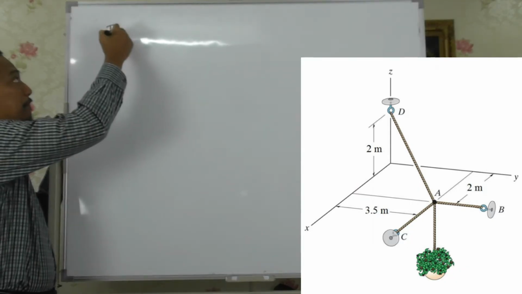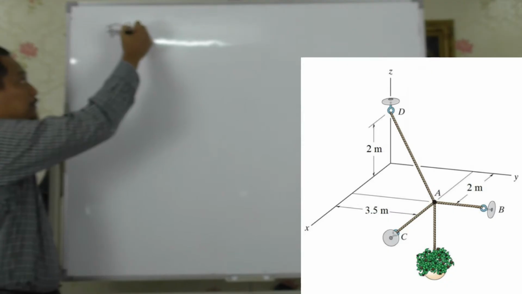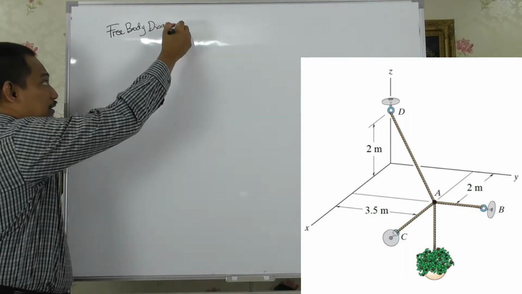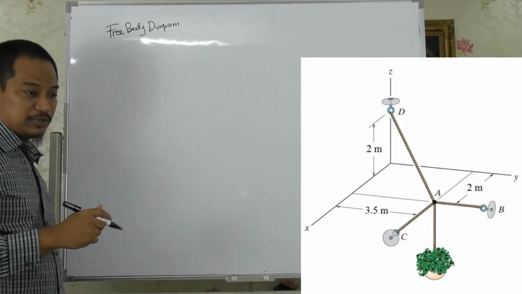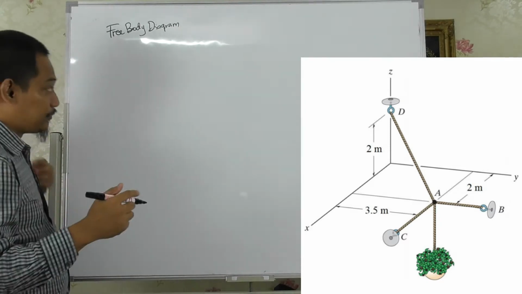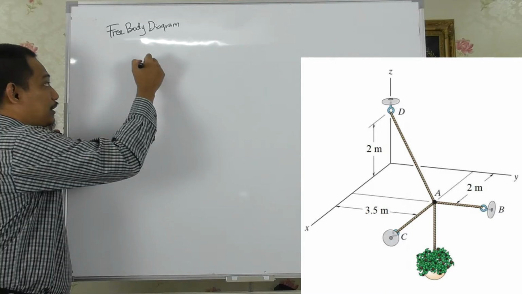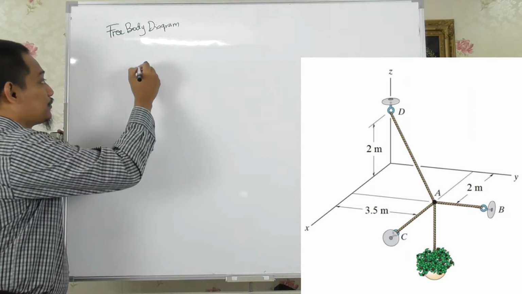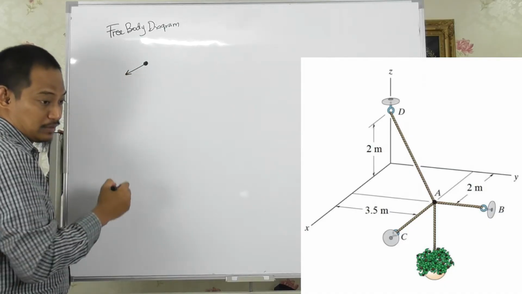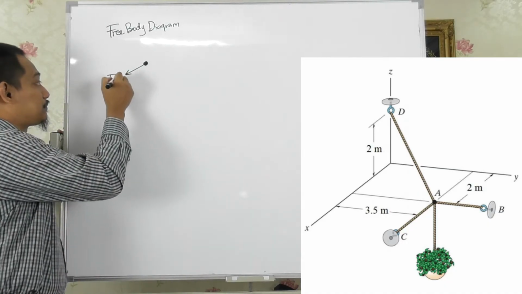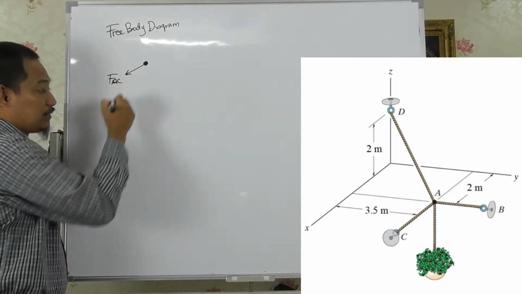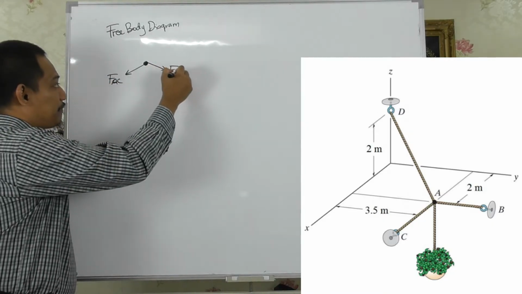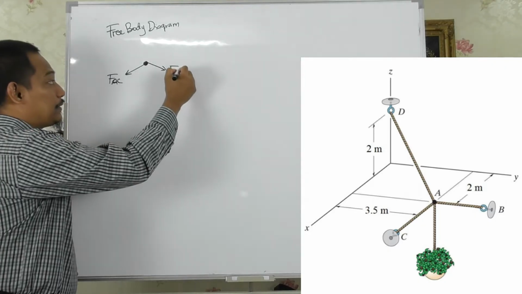So free body diagram, and in this case it will be the free body diagram of a particle, and we deal with particle A, so that particle A. And then we have all the forces, so we have one force here which is FAC, and then we have another force here, FAB.